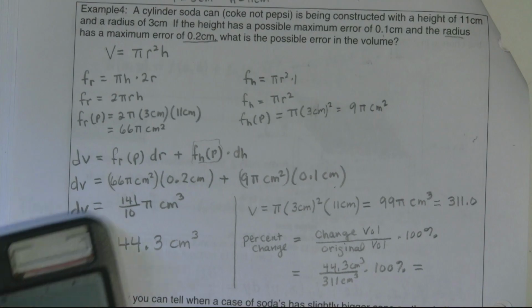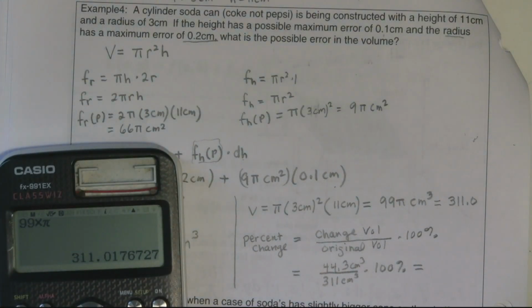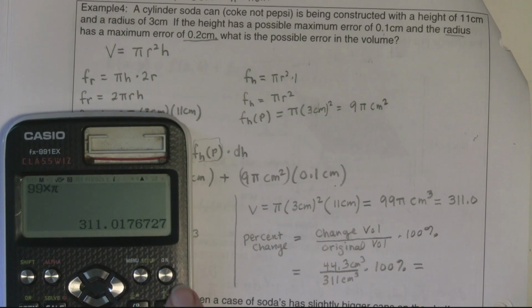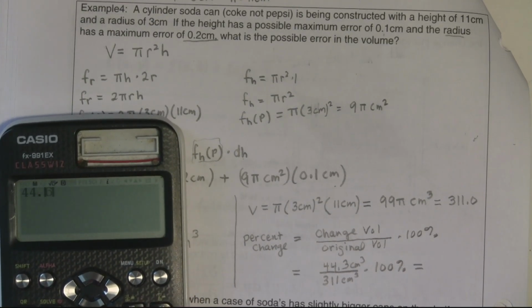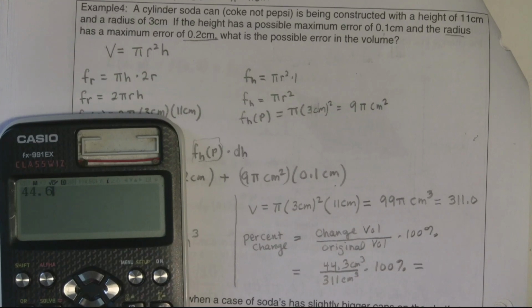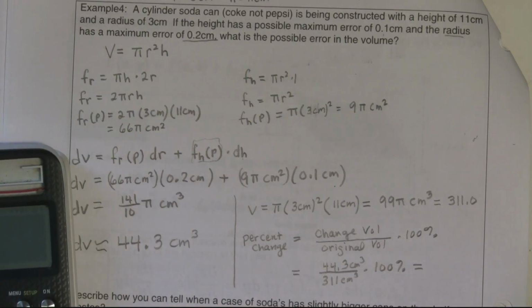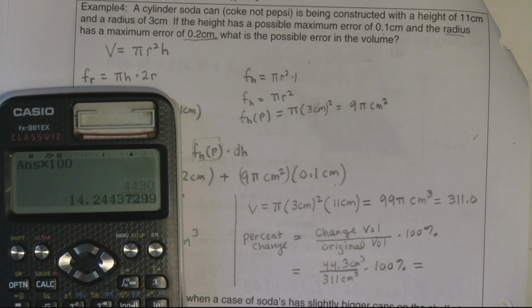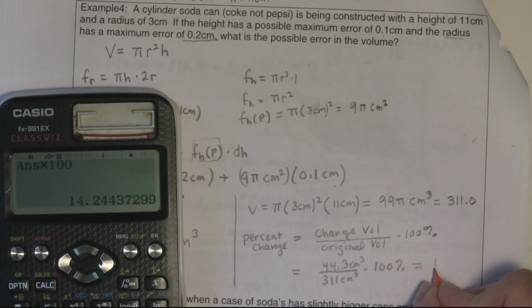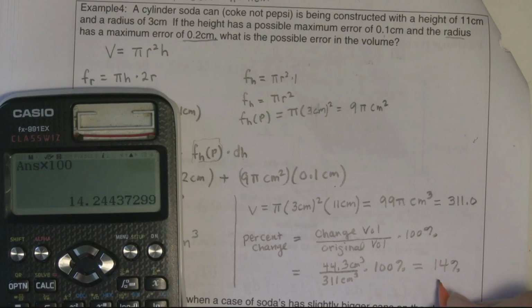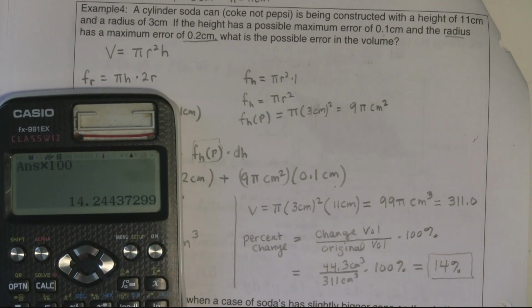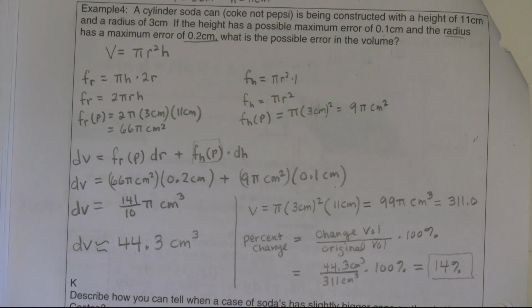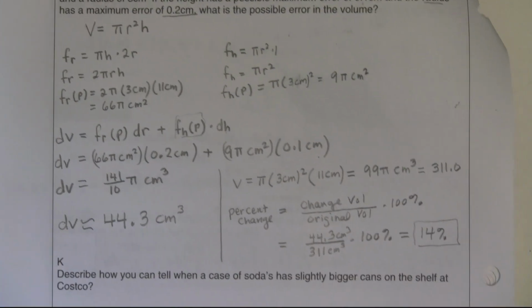And when I did that on my calculator, times 100%, it's like 14% more in this can that was made slightly bigger, at the most. And that's a lot. That seems like a lot.